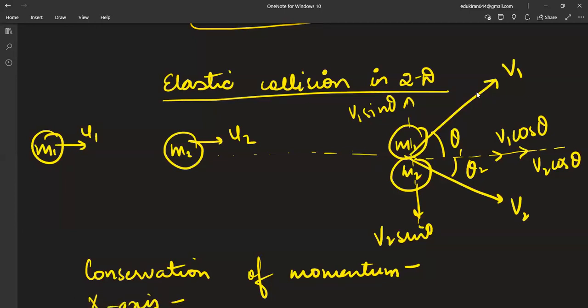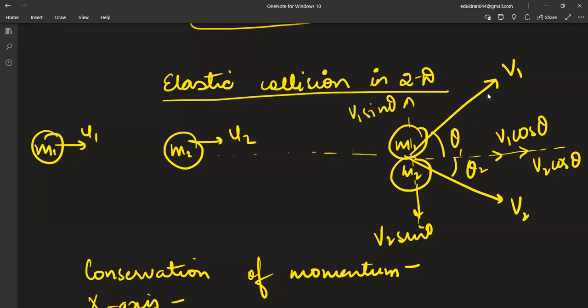This is V1, the velocity which is acting. 2 dimensions means motion in a plane. So it cannot be fixed that both bodies coincide and remain as they are. It can happen that they get bent to a certain angle and move further.